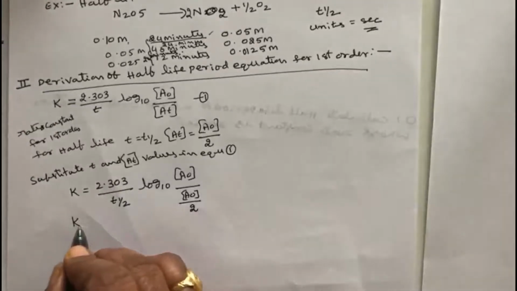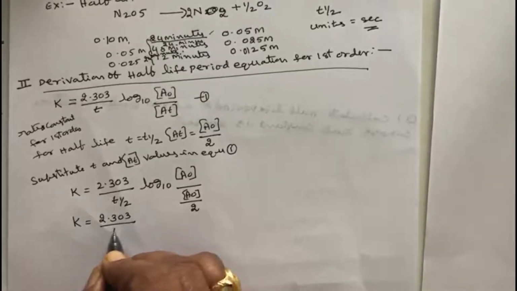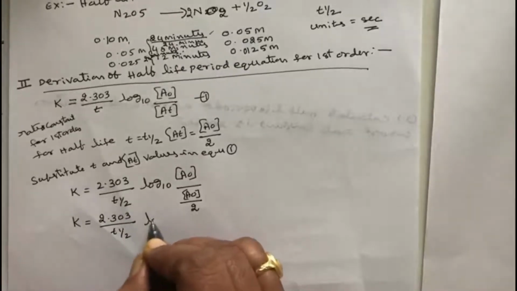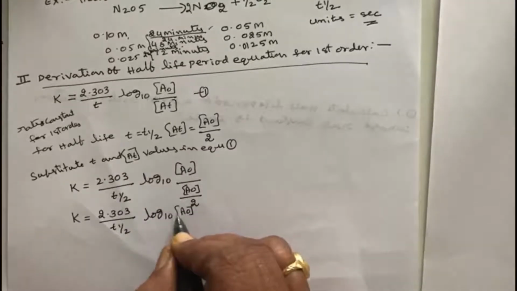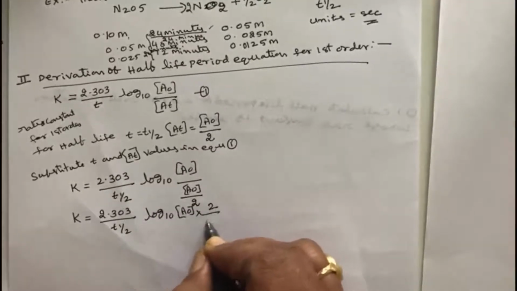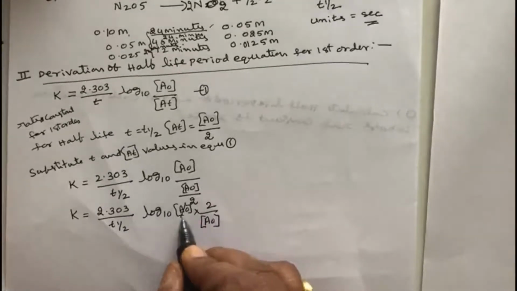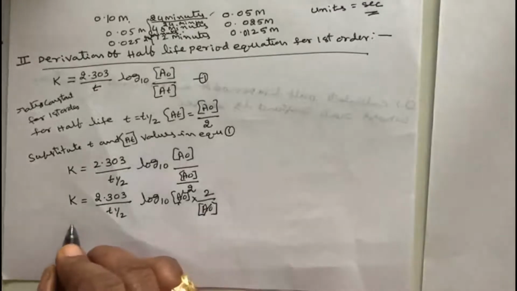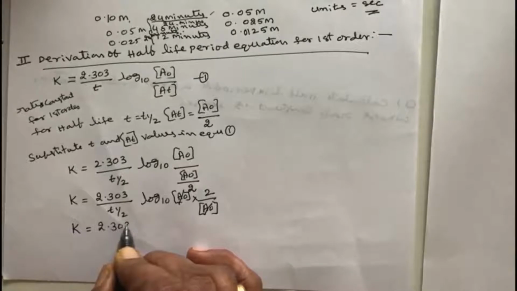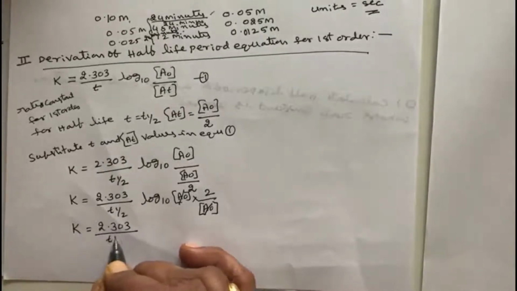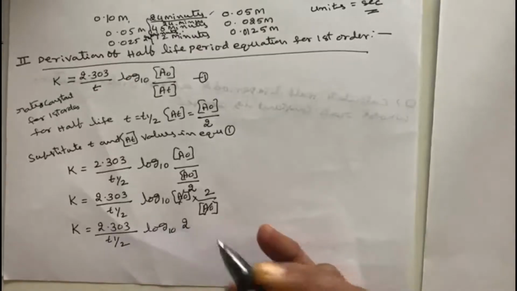The equation can also be written as K equal to 2.303 by T half log base 10 A0 concentration into 2 by A0 concentration. In this equation, A0 gets cancelled. Now the equation can be written as K equal to 2.303 by T half log base 10 2.